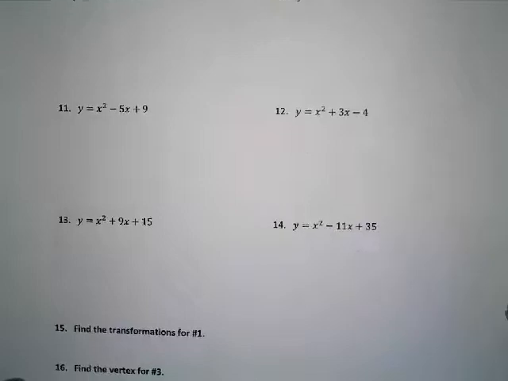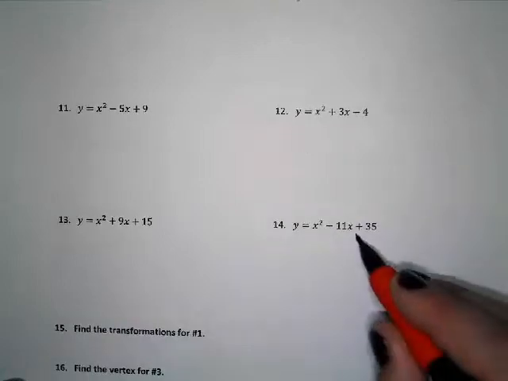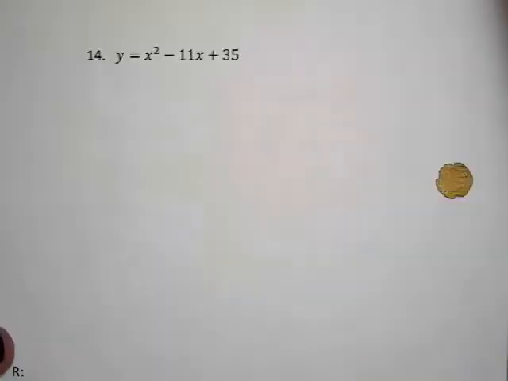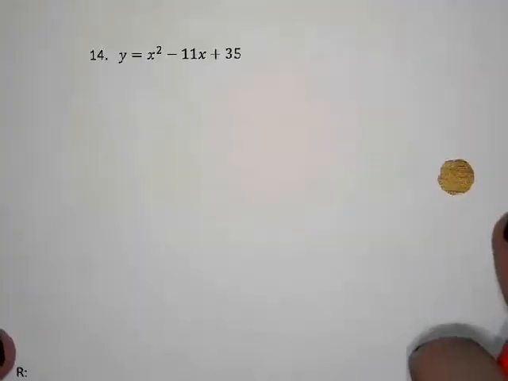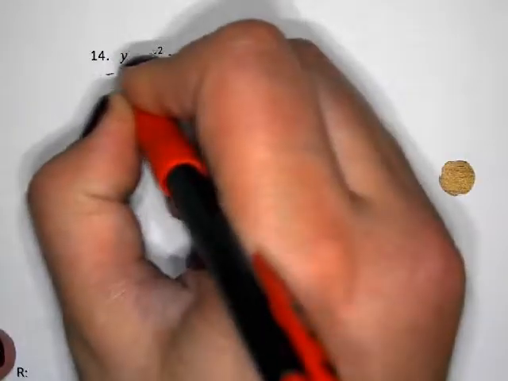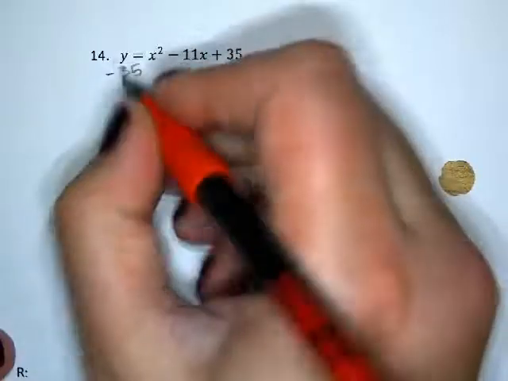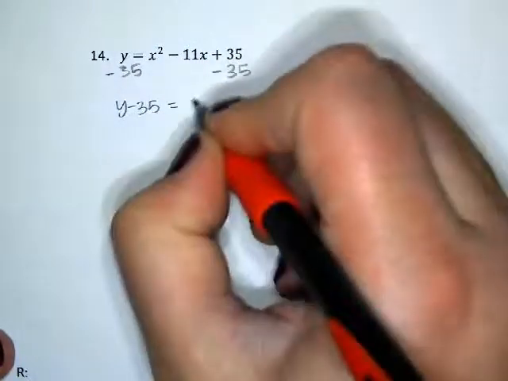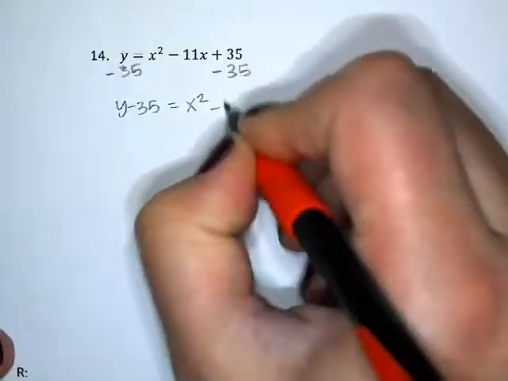Okay, so let's do number 14. All right, so what should we do first on number 14? Minus 35. Okay. So we have y minus 35 equals x squared minus 11x plus blank.